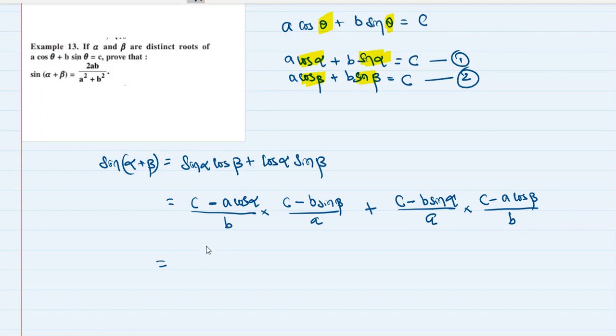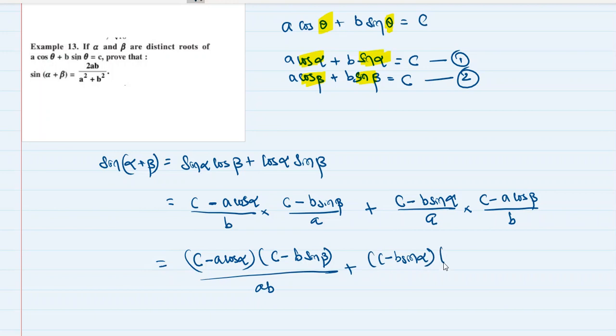Okay, so we have (c minus a cos alpha) in one bracket upon (c minus b sine beta) in the other bracket, the whole upon ab, plus (c minus b sine alpha) bracket (c minus a cos beta), the whole upon ab.